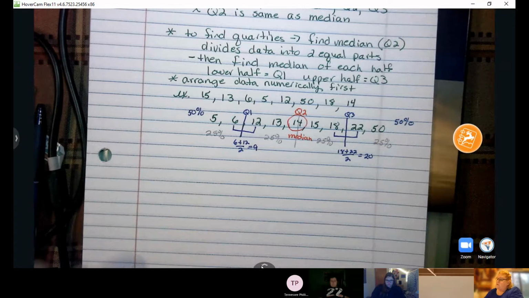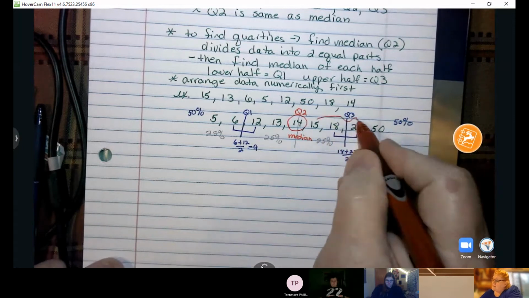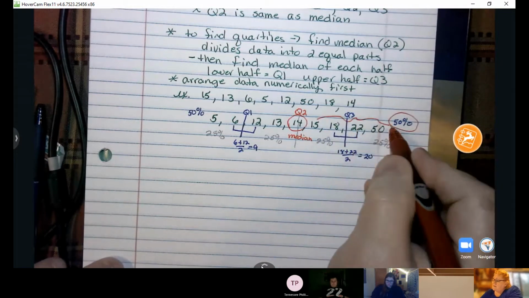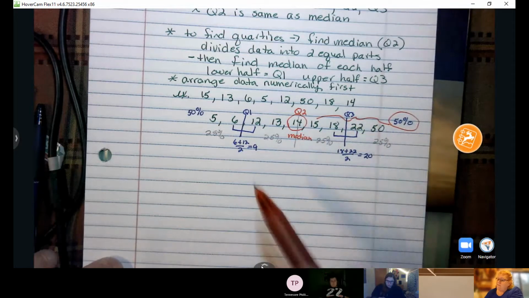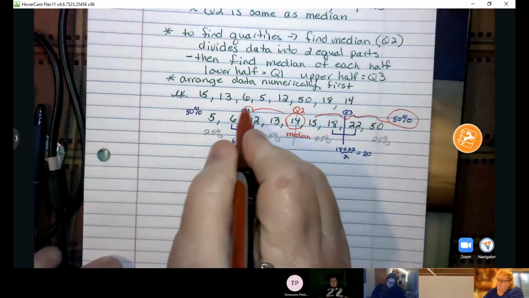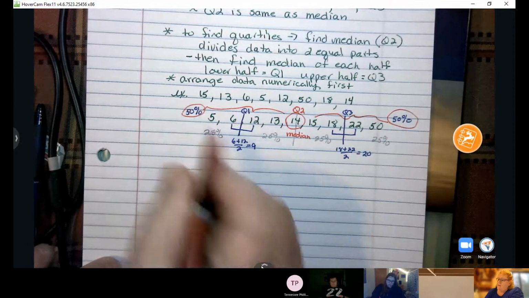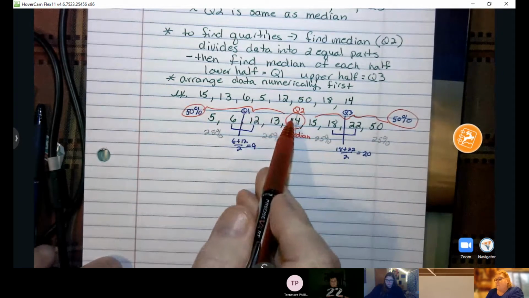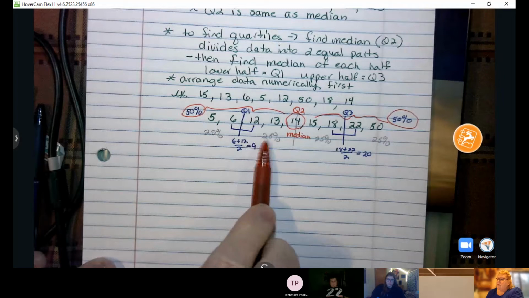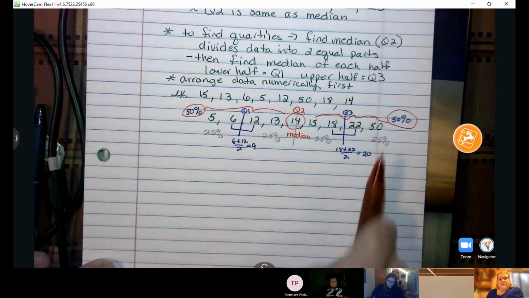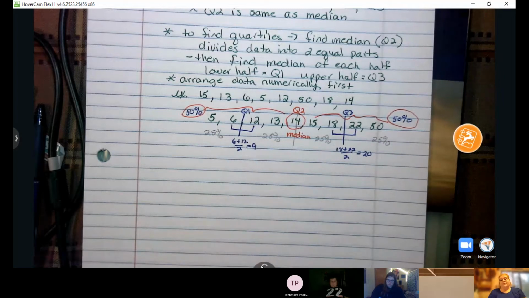So this 50% came from the median up. This 50% is from the median down. The quartiles, each section is 25%.